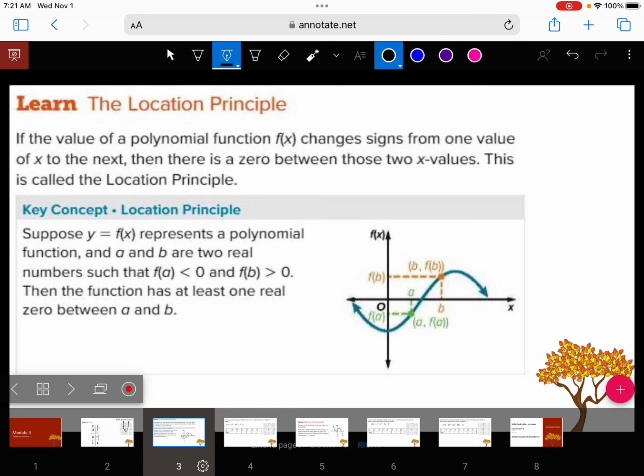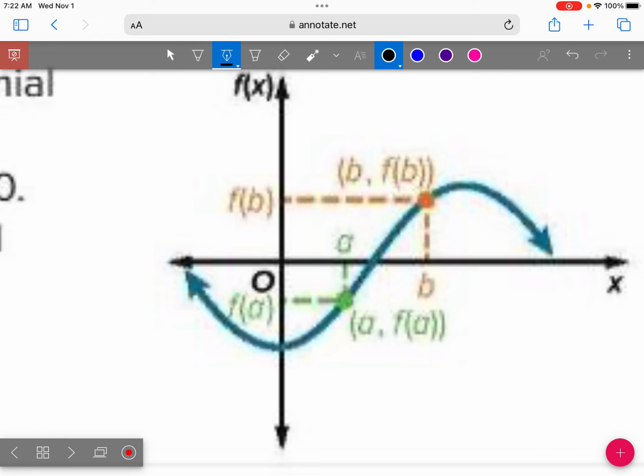The name itself is not particularly important. All it means is when we have a polynomial, if I have a point that is below my x-axis and a point above my axis, somewhere in between there is a solution. Somewhere in between there's a root, a 0. That's what this says.